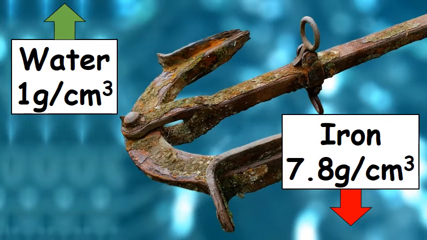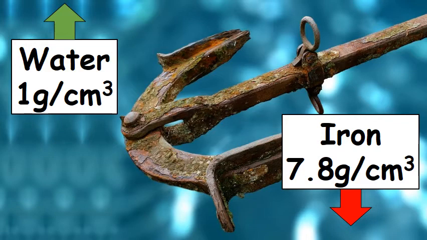Here we have an example which is looking at the other end. If we have a piece of iron, for instance, and we throw it in water, like here you've got an old anchor which is being thrown in water, what happens? The piece of iron will sink, obviously. But why does it sink?